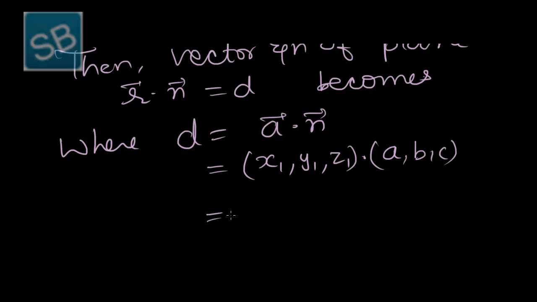So we get x1 into a is ax1 plus by1 plus cz1, that is d.